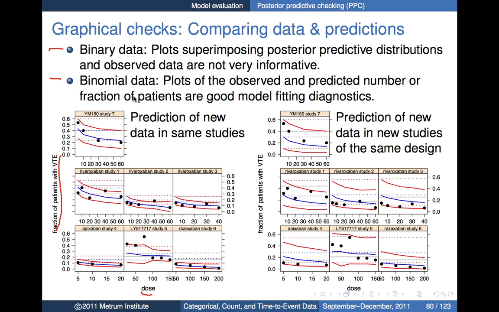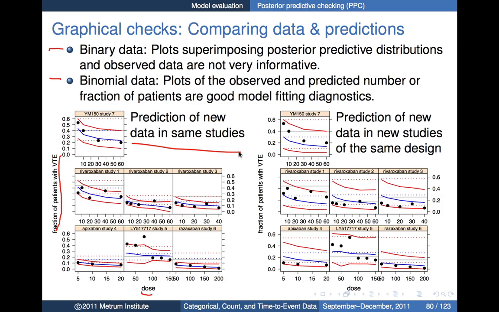So we can compare our predictions, in particular compare that credible interval to the observed data, to assess how well our model is capturing the behavior of the data in this instance. And recall, in this particular case, since it's a hierarchical or population model, we've got two categories of predictions.